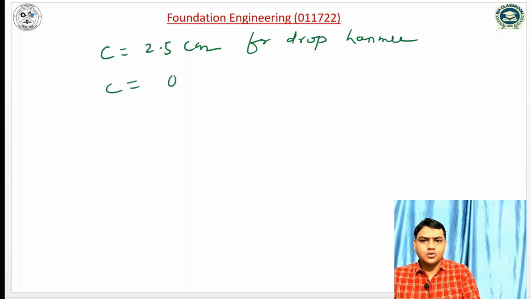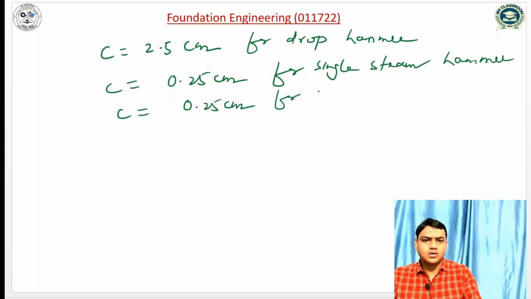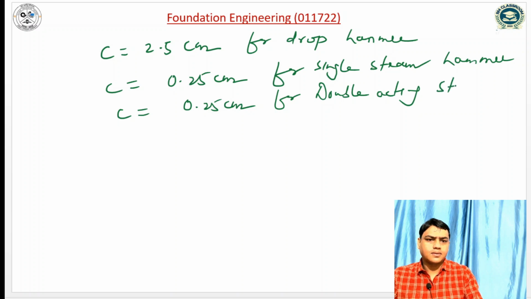Similarly, C is equal to 0.25 centimeter for single acting steam hammer, and C is equal to 0.25 centimeter for double acting steam hammer, that is, single acting steam hammer and double acting steam hammer.